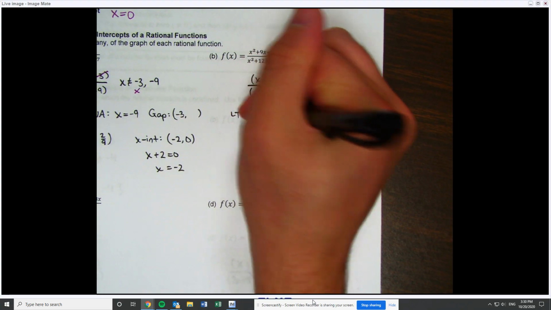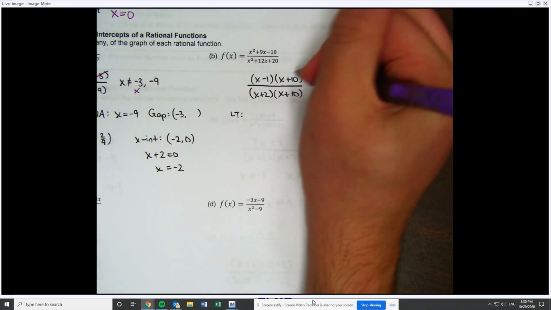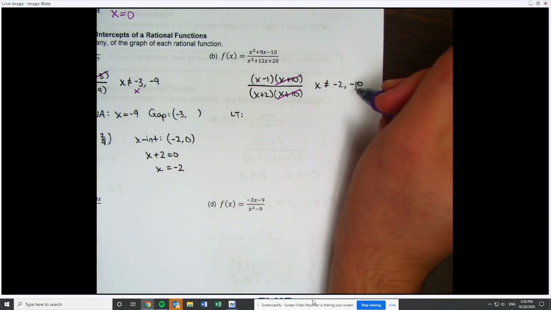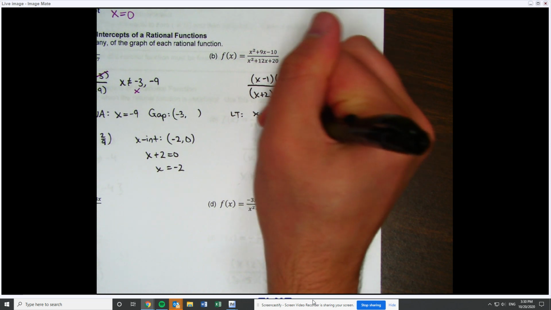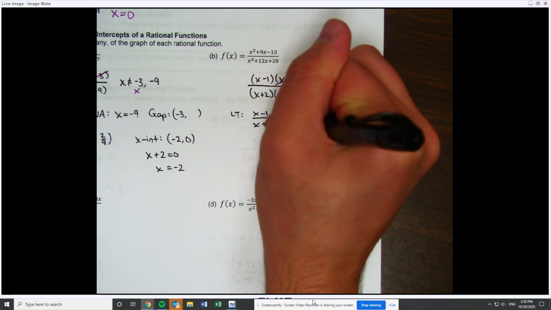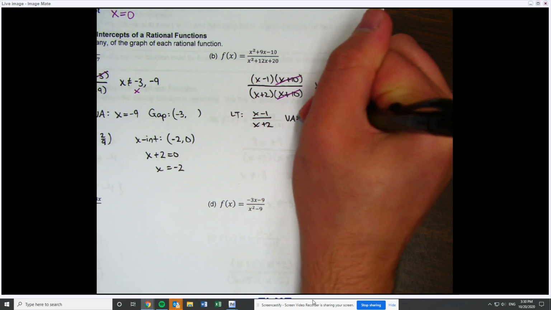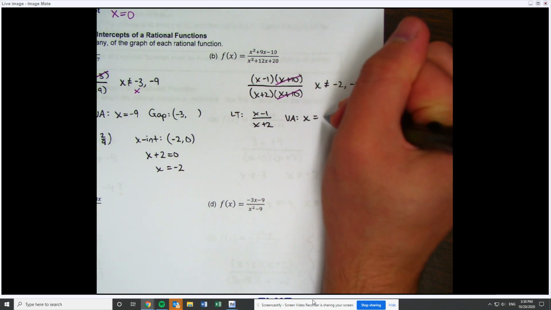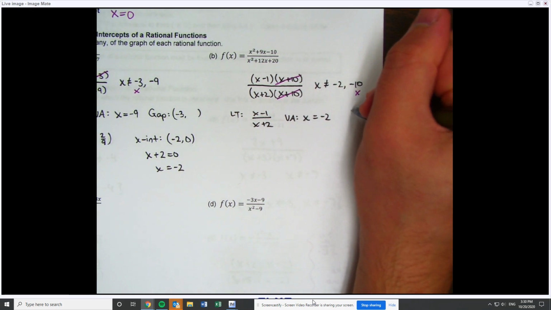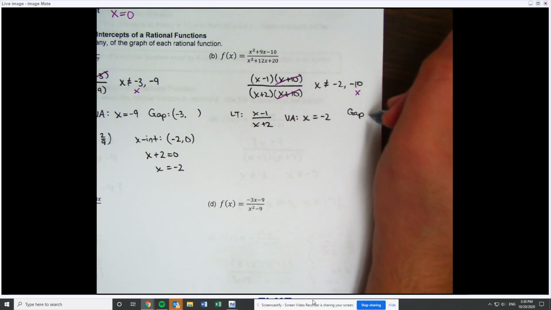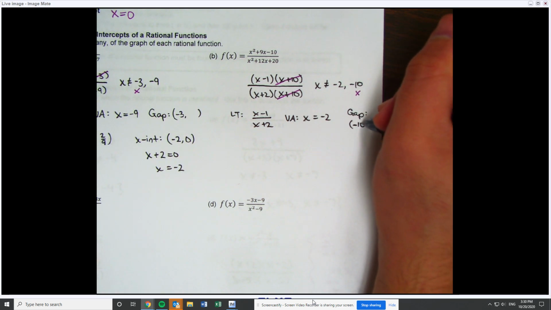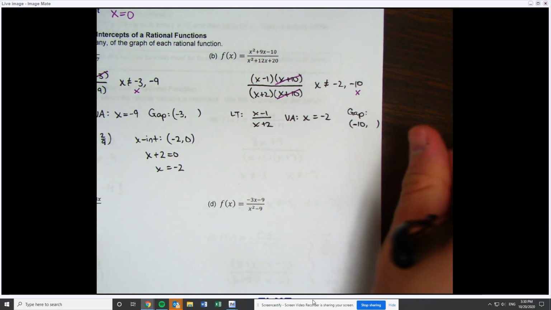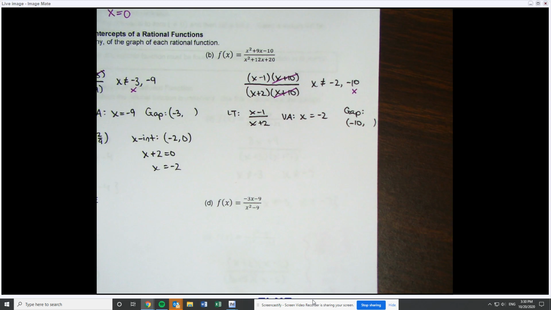Writing our lowest terms, I can remove x plus 10. So that got removed. Now I have x minus 1 divided by x plus 2. Our vertical asymptote, x equals negative 2. And for the gap, I have to kind of stack this one. I know the x value is negative 10. Finding the y value, we know how to do that. We can substitute it in.